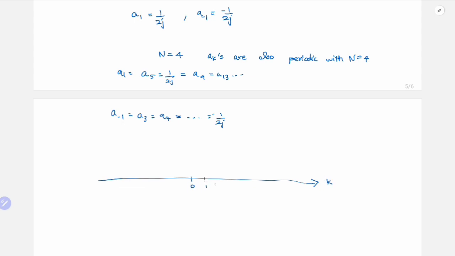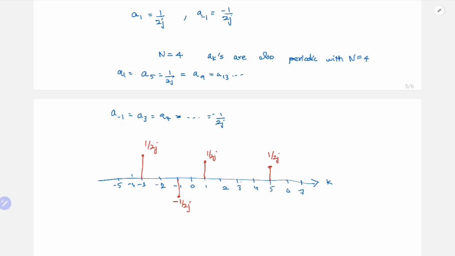So if I try to plot it versus k, what will I have? Let's say 0, 1, 2, 3, 4, 5, 6, 7, minus 1, minus 2, minus 3, minus 4, minus 5. So at 1 I have 1 over 2j, and at minus 1 I have minus 1 over 2j. Then I am going to repeat it every 4. So 1 over 2j, and on this side at minus 3 it will be 1 over 2j.